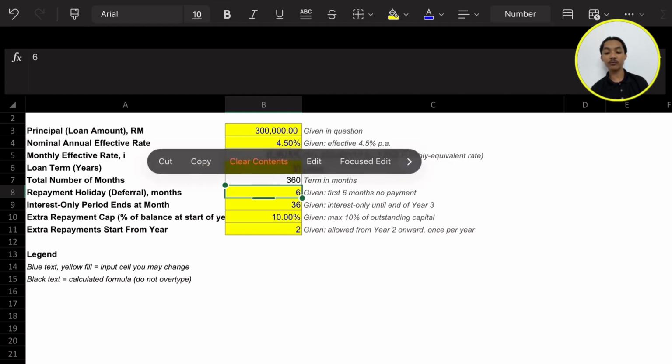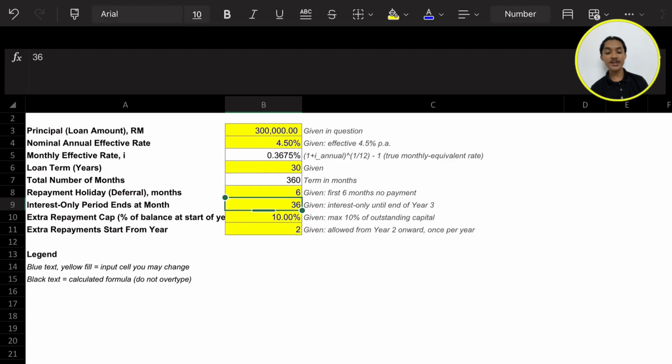So I convert that to a true monthly equivalent rate using (1 plus i) to the power of 1 over 12, minus 1, rather than just dividing by 12. That gives a monthly rate of about 0.3675% in cell B5. I'll come back to why this matters.